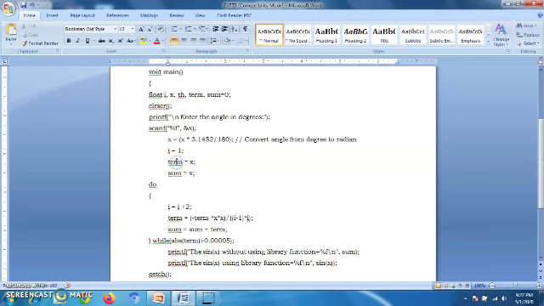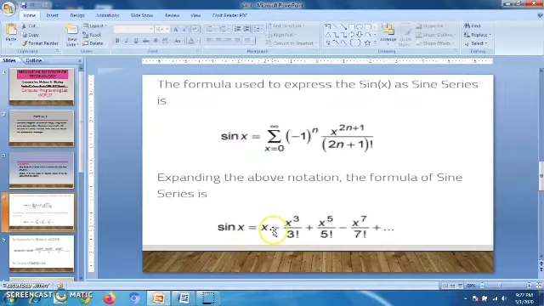The first one is term. Term means each time it indicates a term, that is, the first term is x, the second term is minus x cube divided by 3 factorial, then plus x raised to 5 divided by 5 factorial, and so on. Each time you have to calculate the value of this term, and this should be added to the previous value.